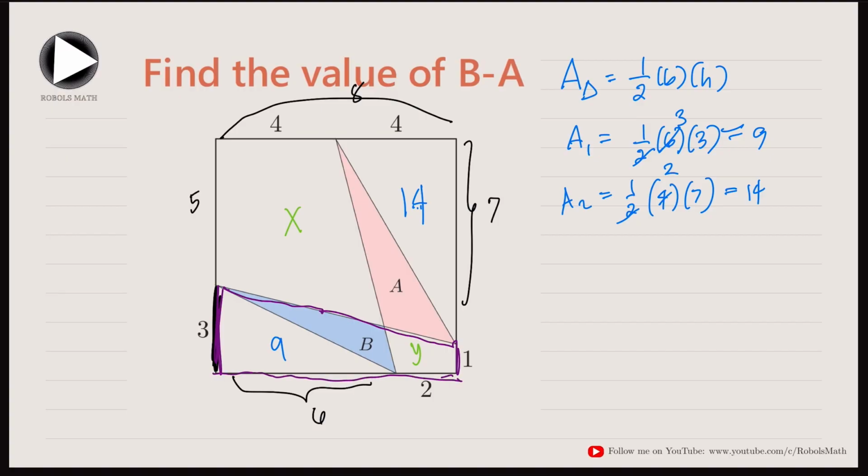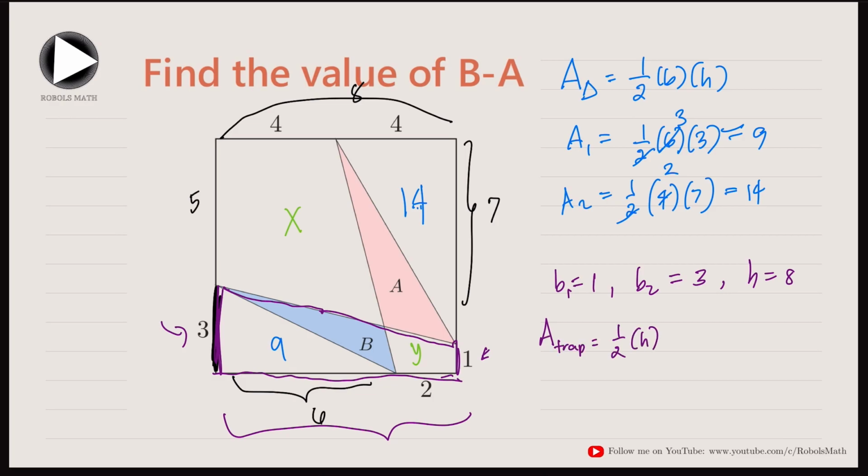This is a trapezoid with base 1 equal to 1, and base 2 equals 3. And the height of that would be this entirety here, which is 8. Now remember that the area for a trapezoid is equal to 1/2 times height times base 1 plus base 2.